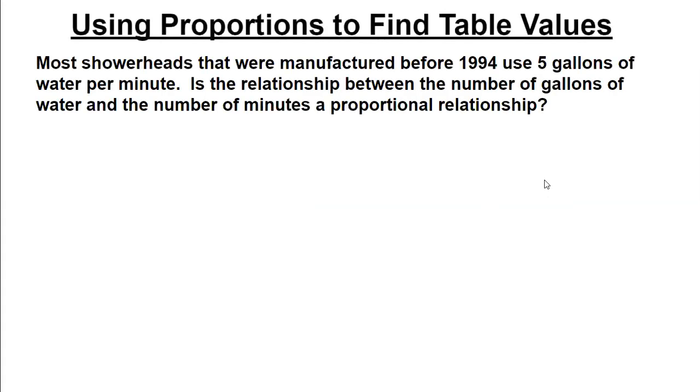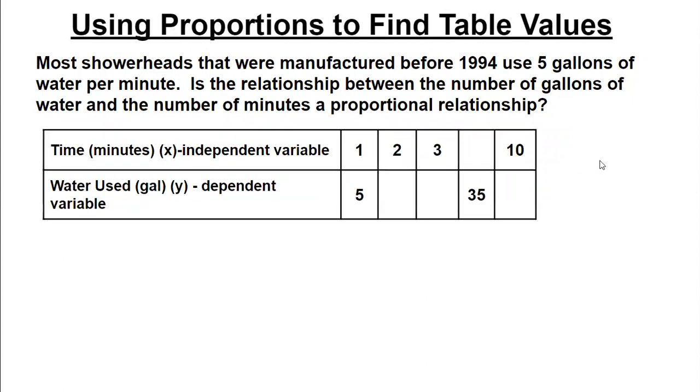So let's talk a little bit more about using proportions to find table values. Most shower heads manufactured before 1994 use 5 gallons of water per minute. Is the relationship between the number of gallons of water and the number of minutes a proportional relationship?